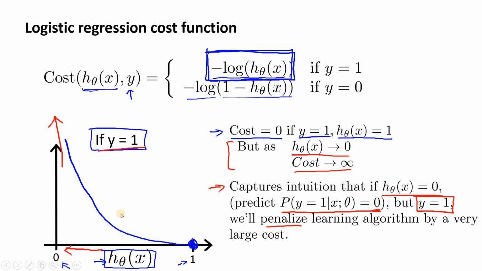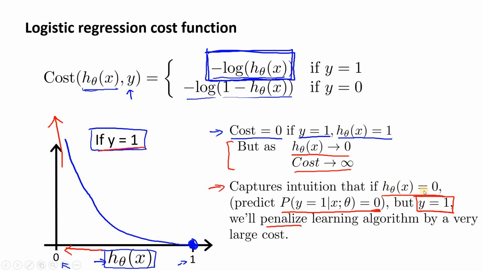And theoretically, if the y value is 1 and you predict it as 0.0, then in that case theoretically your cost will be infinite. But practically we deal with it with some very high penalizing.